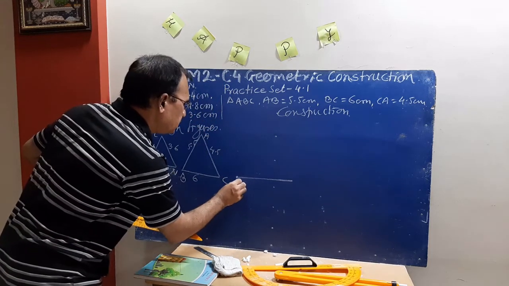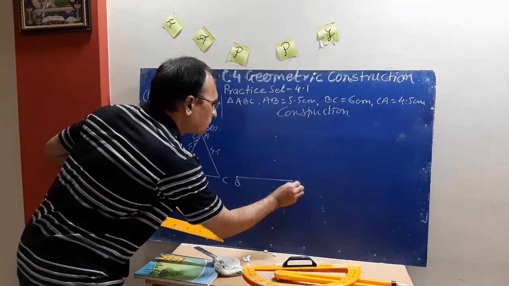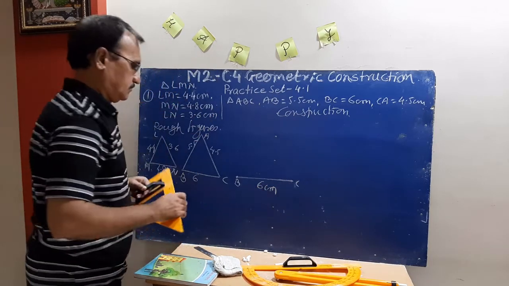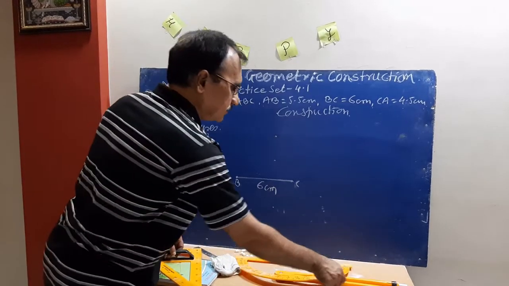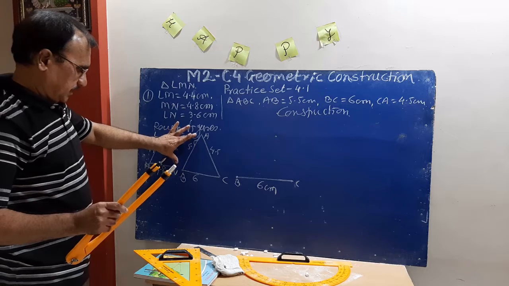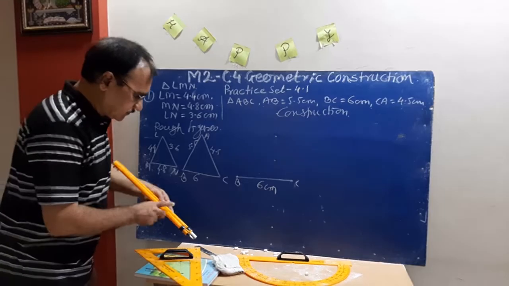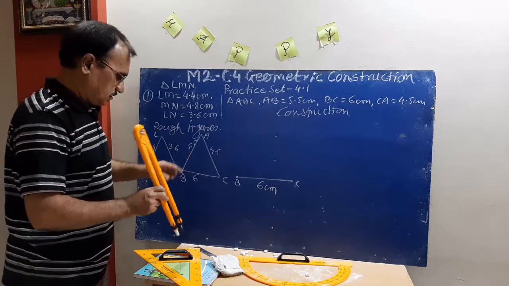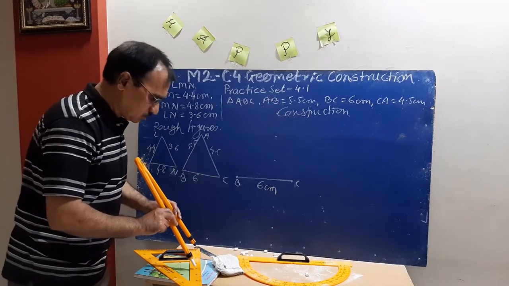This one is BC, right here 6 cm. Then AB is 5.5. Take radius with the help of scale, 5.5.